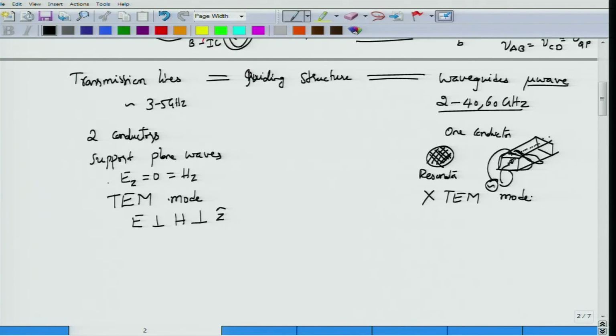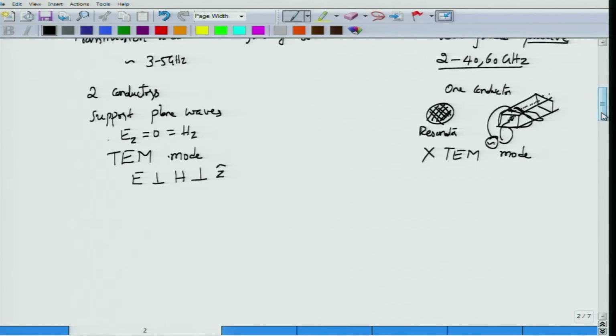There is a small reason why they do not, and we will discuss that when we really discuss waveguides, but most importantly they support higher order modes. Higher order modes simply mean that they are waves but not of the same character as plane waves. The defining character of plane waves was that the electric field and magnetic field both did not have a component along the direction of propagation, which made it a TEM mode solution, and plane waves also had this character that the electric field E and magnetic field H in the transverse plane were independent of the x and y directions.